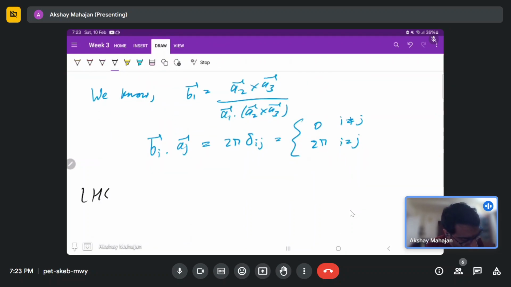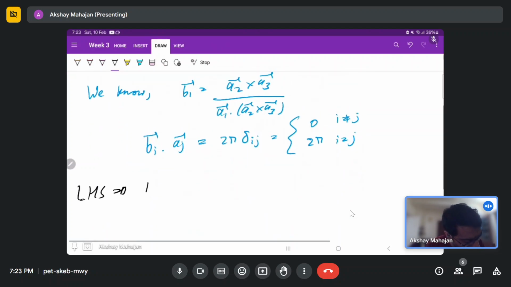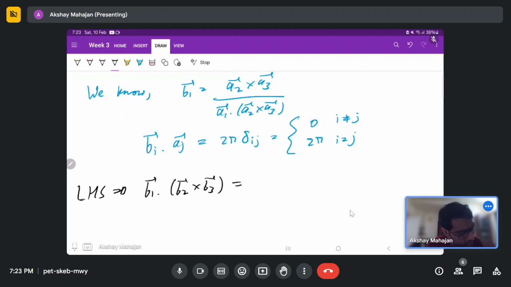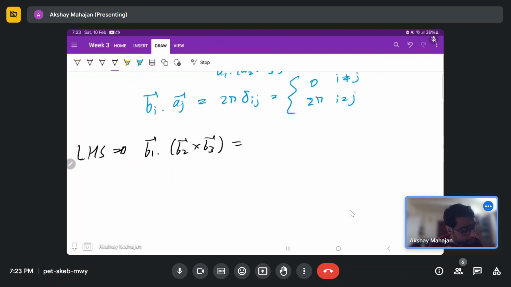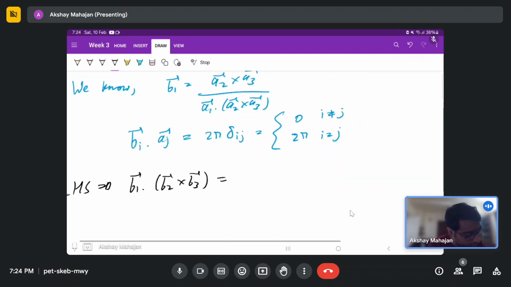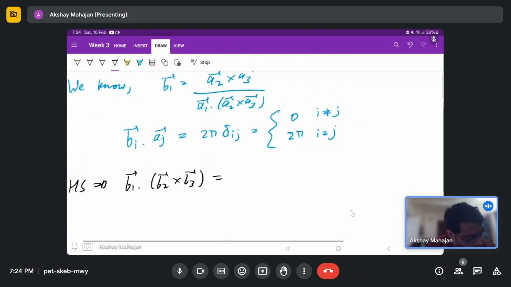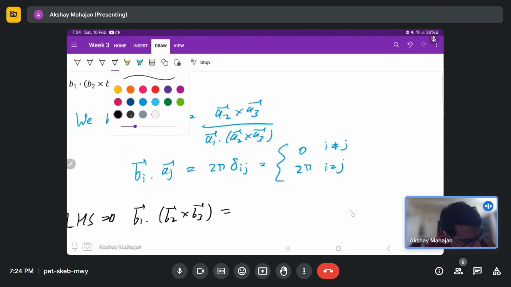So I will start from the left hand side. Our LHS is b1 vector dot b2 vector cross b3 vector. That will be equal to, now I will write my b1 vector in terms of e2 vector and e3 vector. Okay, there is one 2 pi as well, sorry about that.